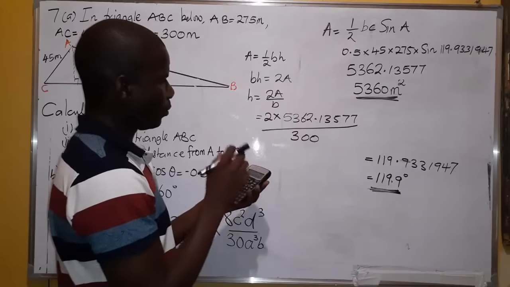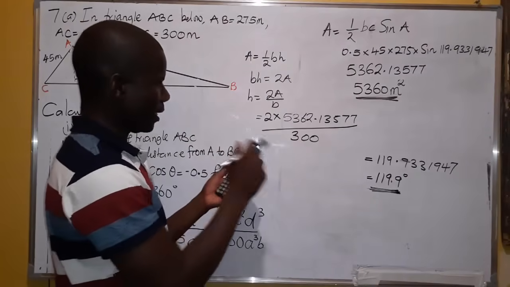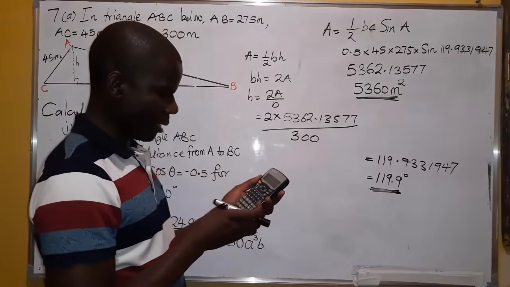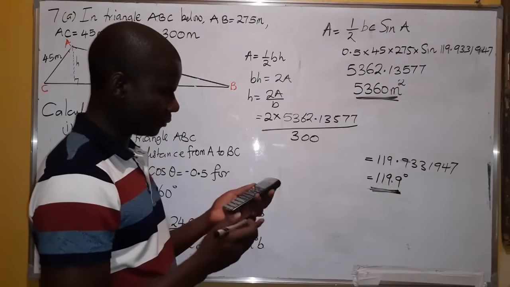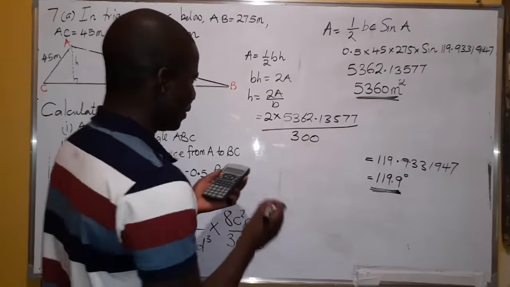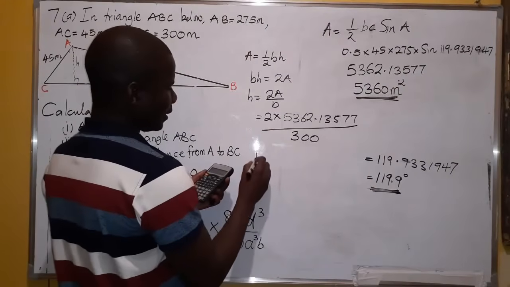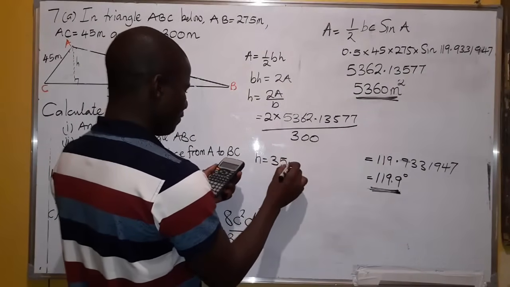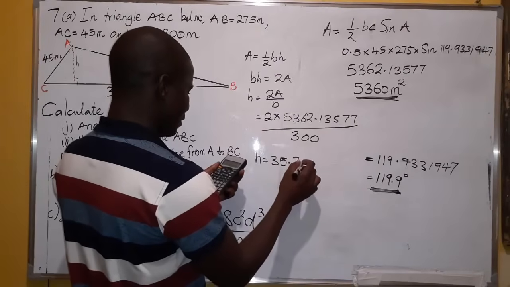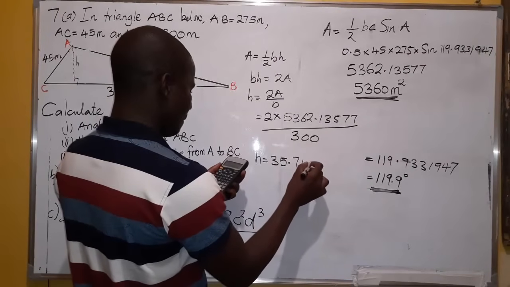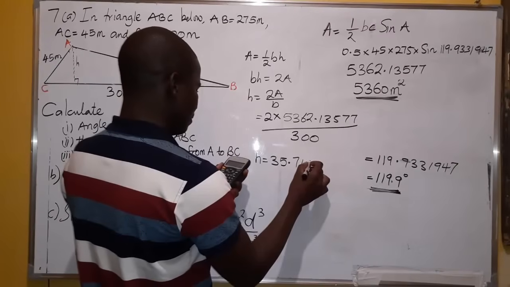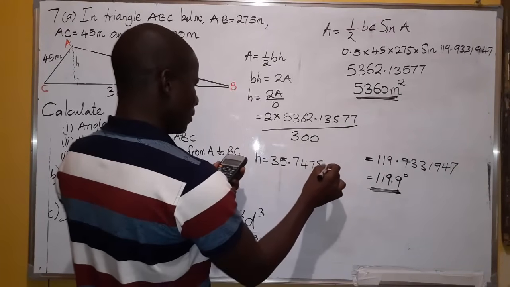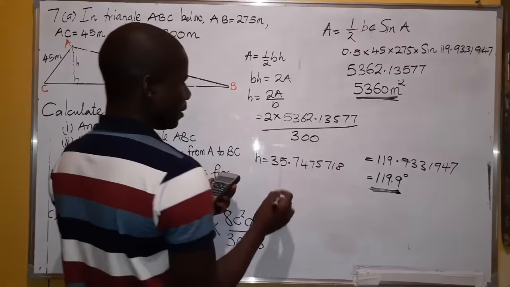Okay. So when you multiply it by 2, then you divide by 300. So we are going to get that H is equal to 35.7475718.